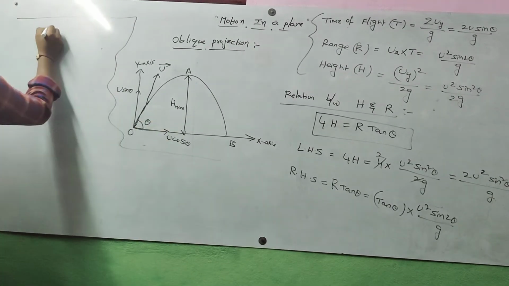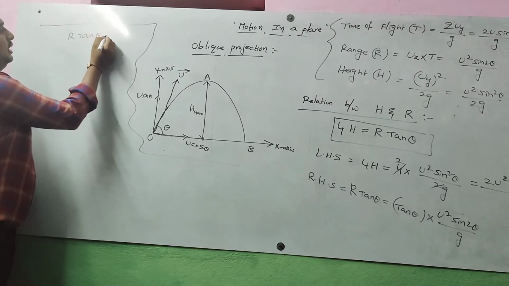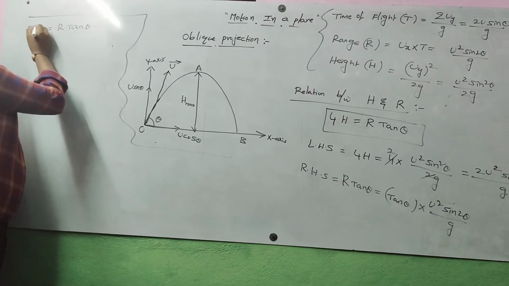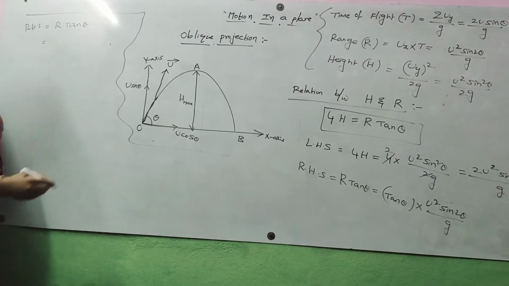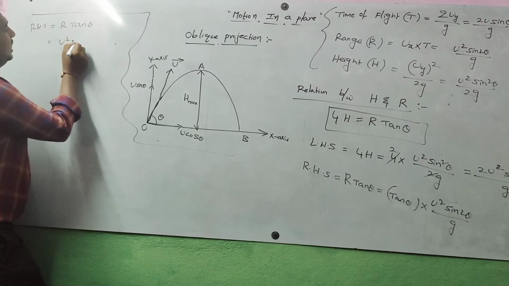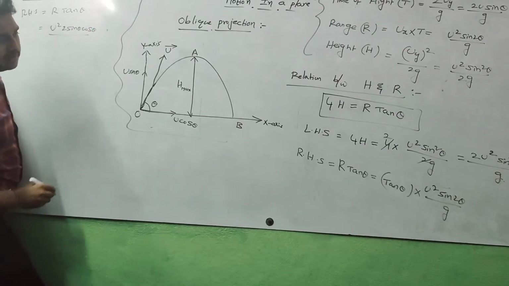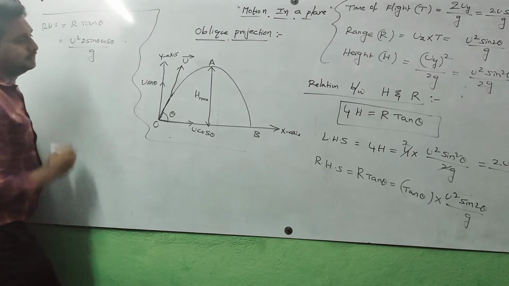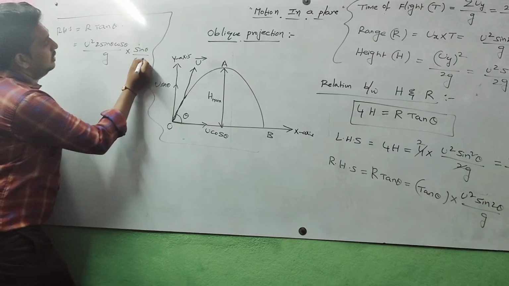Observe carefully. RHS is equal to R into tan theta. R means u square sin 2 theta, and sin 2 theta means 2 sin theta cos theta, by g, into tan theta, which means sin theta by cos theta.